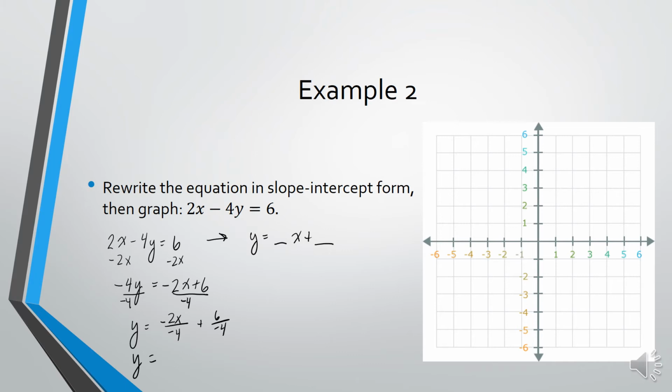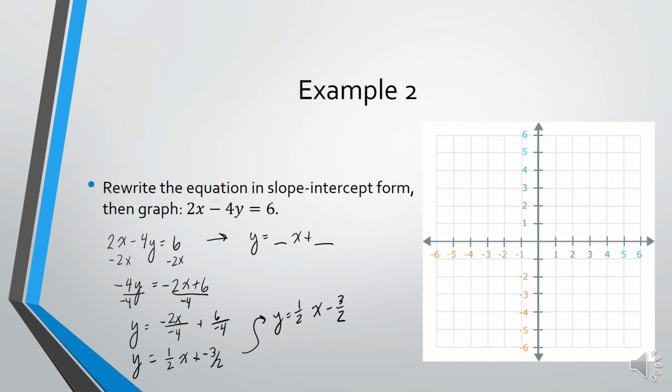Negative 2 over -4 is 1/2. And then I have 6 divided by -4, which is -3/2. So let's simplify one more time. Y equals 1/2 x minus 3/2. So there's our equation in slope-intercept form.